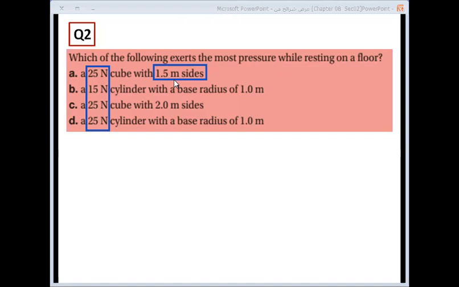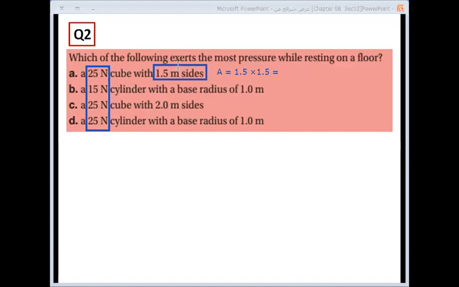The area of this square is the length times itself. The length is 1.5, times itself, it means times 1.5. So to get the area, we will say the area equals 1.5 times 1.5. Yes, this is the area of the square.